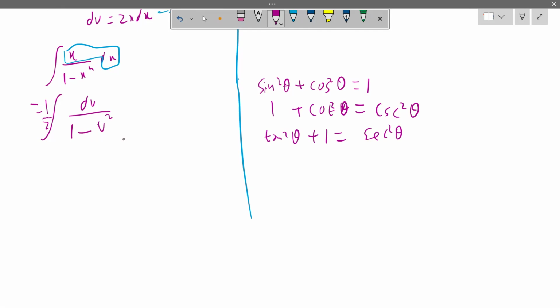So for these kinds of forms, 1 minus u squared, if you have a difference between two squares, usually the identity you would like to use has to do with sine theta and cosine theta. Meanwhile, if you have a sum of squares, it's usually either cotangent or tangent.